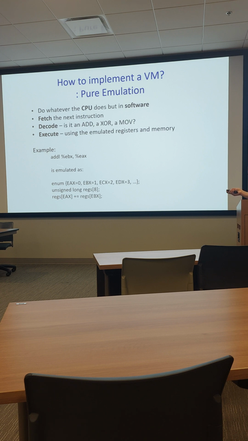So here's an assembly code example: adding long register to register. This is, say, an x86 instruction, maybe coming from a different OS. You can emulate it in C or C++ code, in a high-level language, in software.